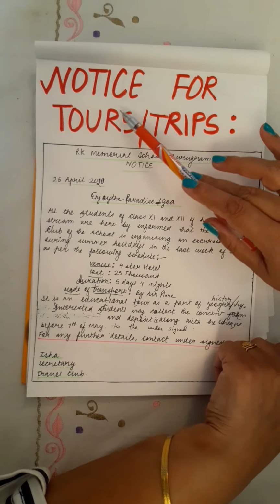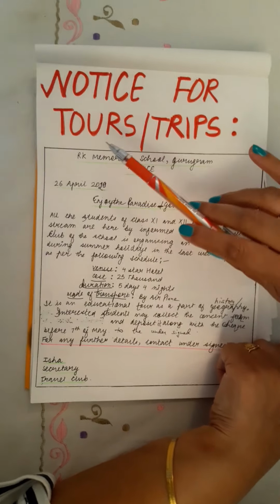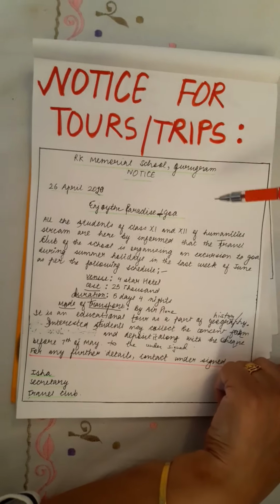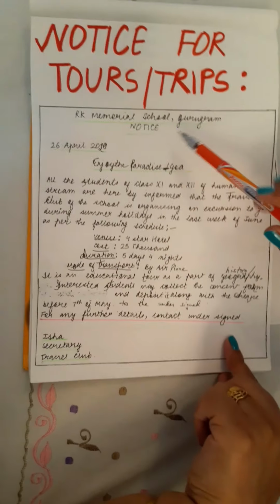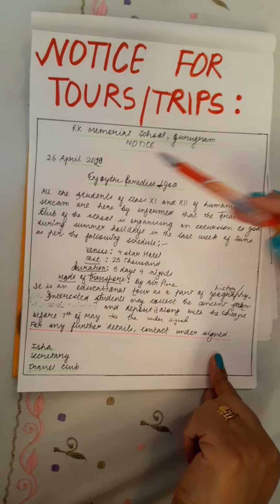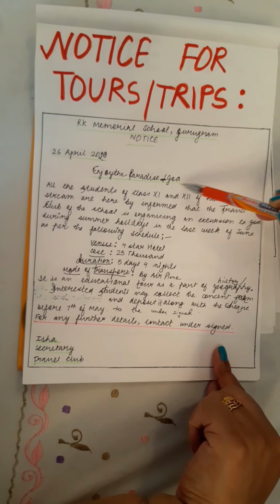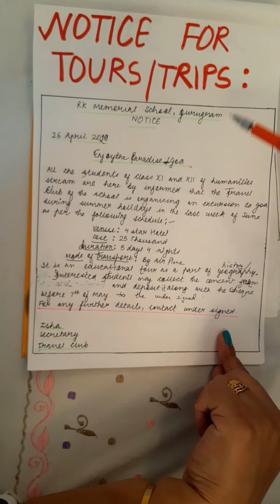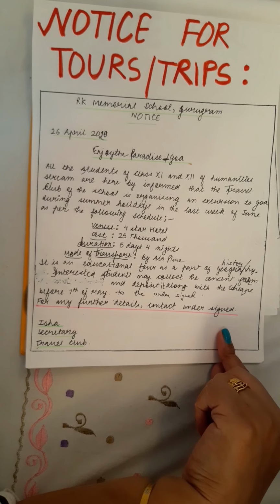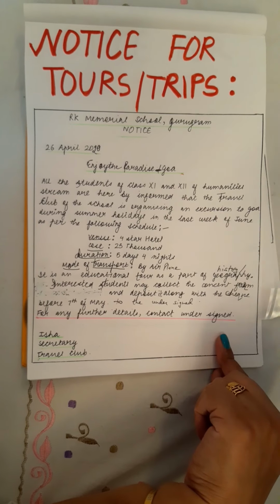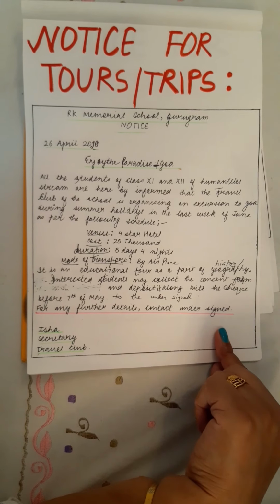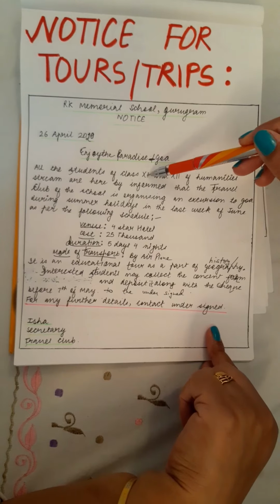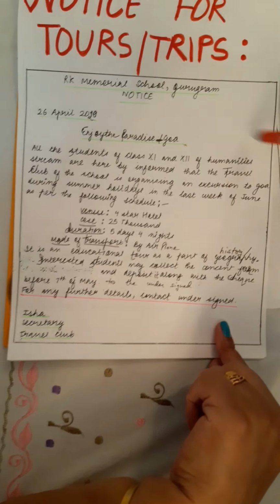Now we start with notice for tours or trips, excursions. So again the same things: name, notice, date, title. This notice is related to a trip to Goa for the students of humanities, which is a part of their history or geography program. So all the students of class 11th and 12th, see, this is a specific group.